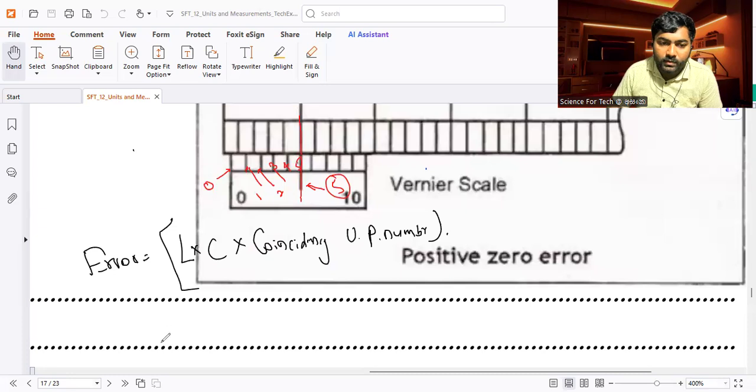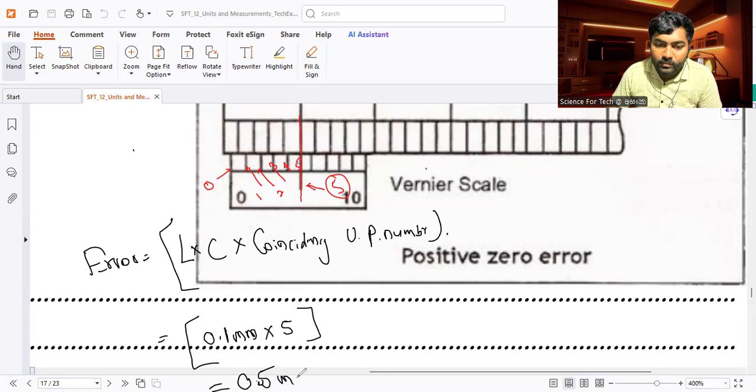Here the least count is 0.1 millimeter. Actually it should be given, but I assume that it is 0.1 millimeter. Then the coinciding vernier part number is 5. Then you have to multiply this 5 by 0.1 millimeter. Then the answer is 0.5 millimeter. This is the error. Understood?